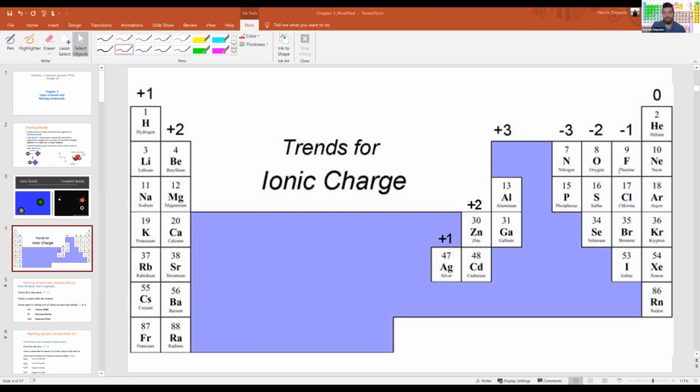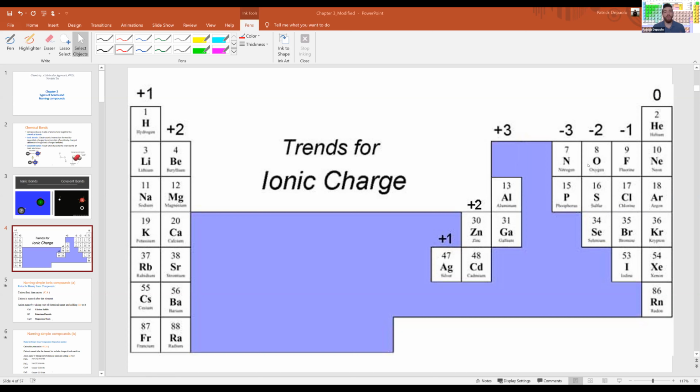The reason is that the halogens have 7 valence electrons. They need one more electron to get to 8. When they get that electron, it becomes negatively charged, -1. Oxygen and sulfur, the main ones, and selenium, which I've seen have different charges, but according to this chart just worry about oxygen and sulfur, have 6 valence electrons.